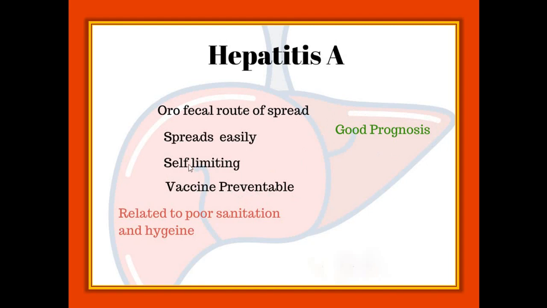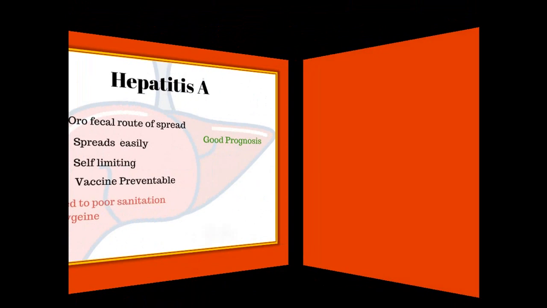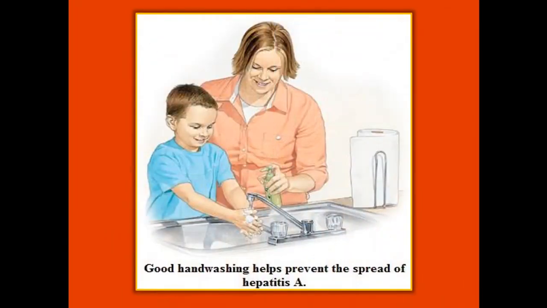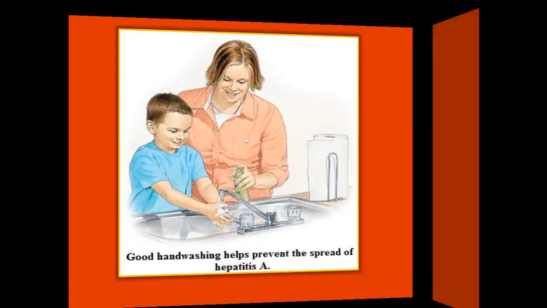Prevention in addition to the vaccine is related to good sanitation and good hygiene, so the infection is related to poor sanitation and poor hygiene. That's why it has high prevalence in our region. Again, we insist on encouraging proper hand washing to prevent the spread of hepatitis A virus infection, as well as for COVID-19 and any other contagious or infectious diseases.